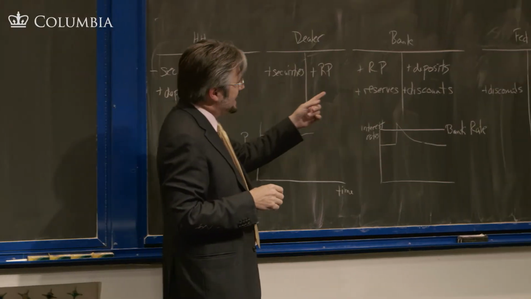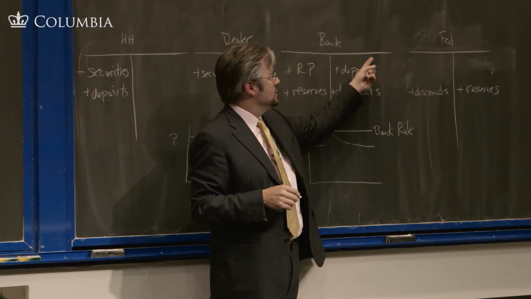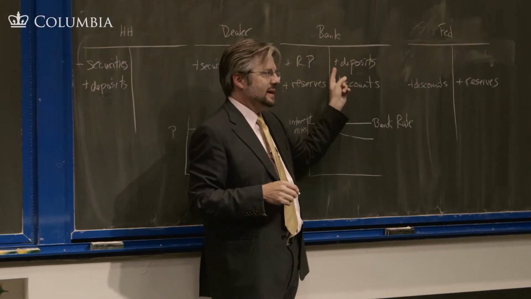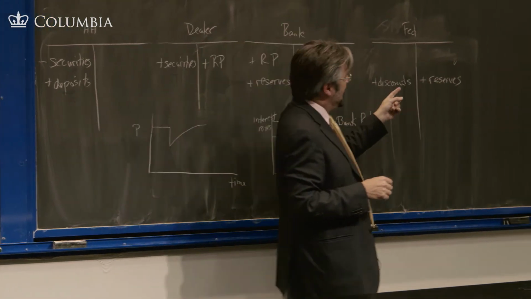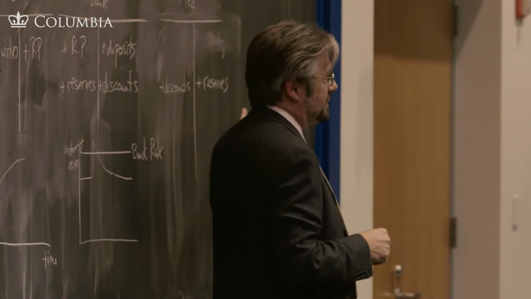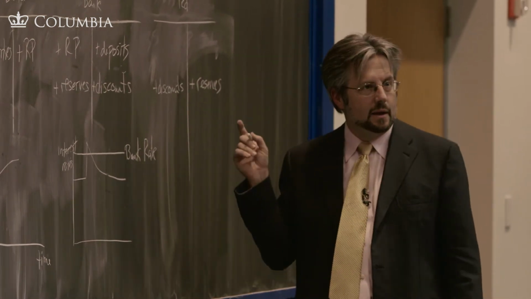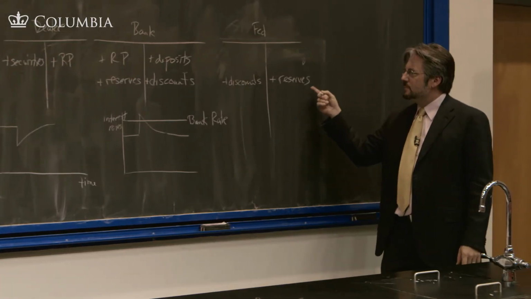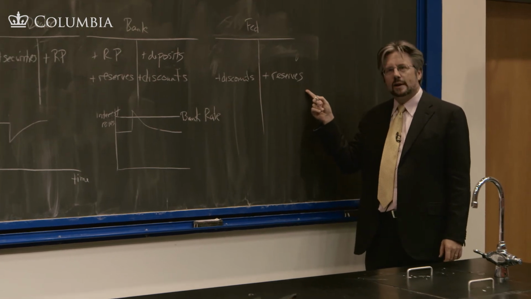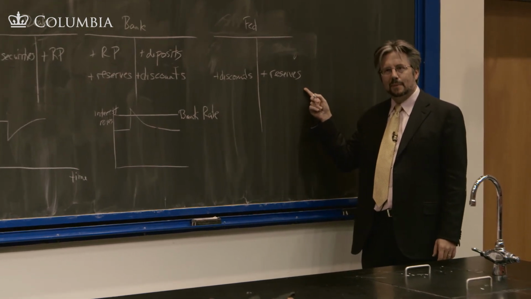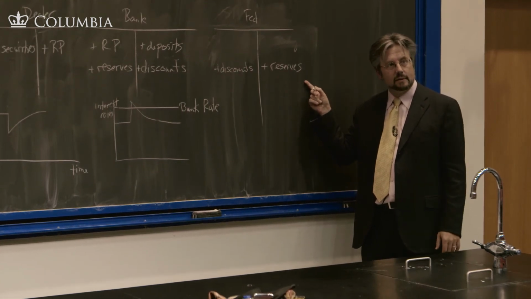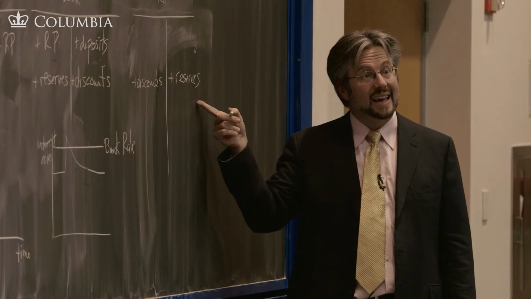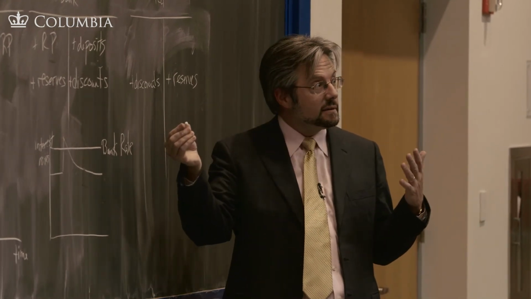In essence, it's backstopping the short positions that the bank has in money, the liquidity risk it's taking on by having short positions in money itself. It's creating more money, and these are short positions the Fed can't run into trouble with, because it's the ultimate money, at least domestically. We haven't done internationally yet. So that's why the Fed is able to relieve a crisis.